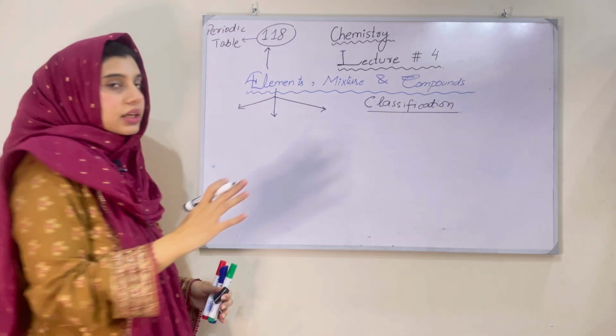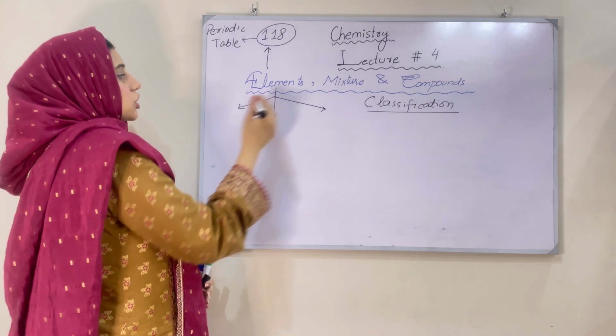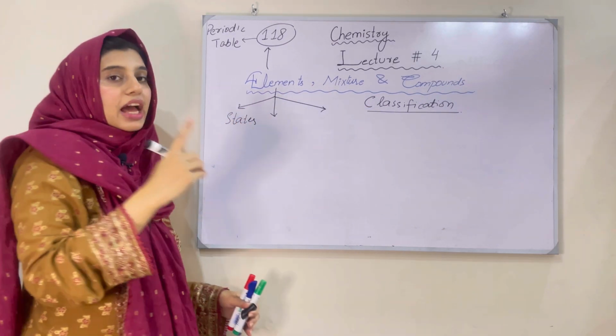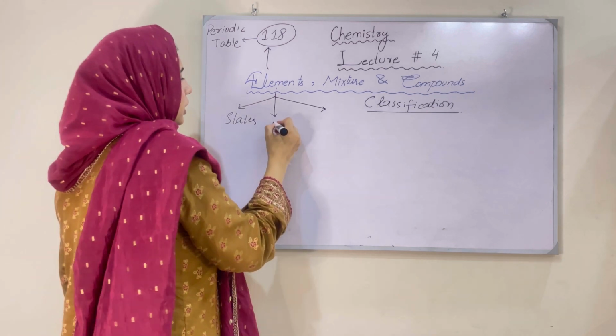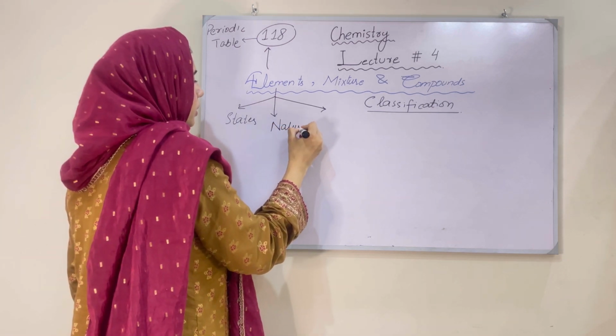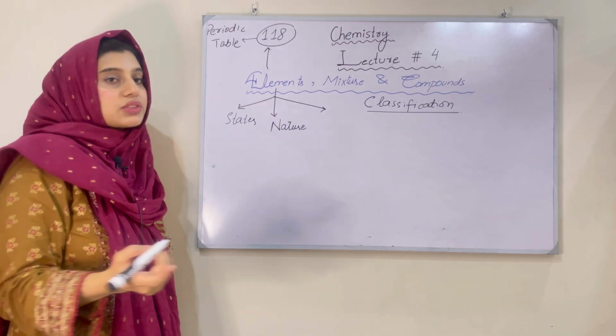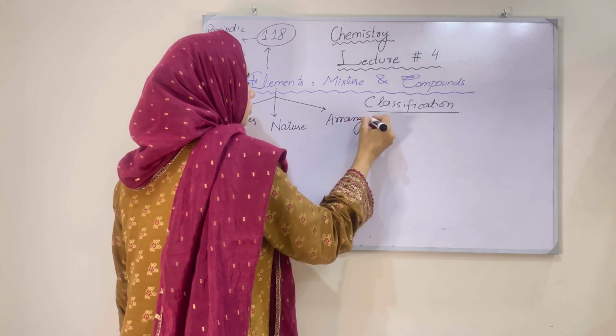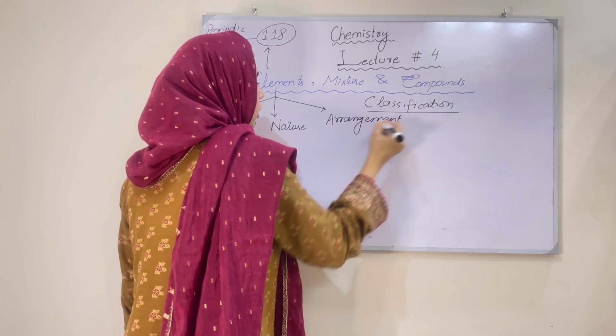So we have 3 classifications. One classification is on the basis of states. Then we have classification on the basis of nature, and then we have another classification on the basis of arrangement in the periodic table.